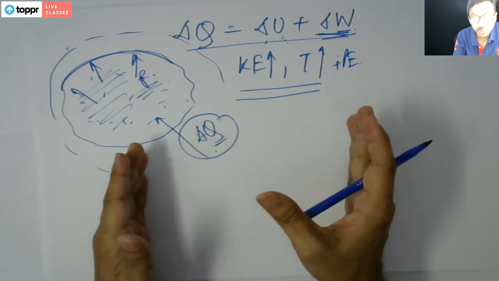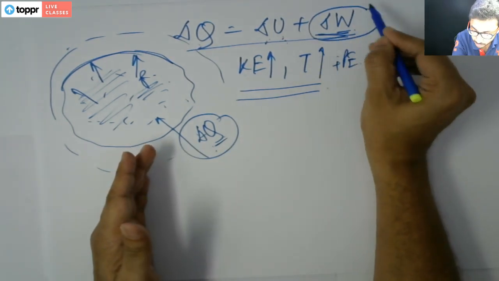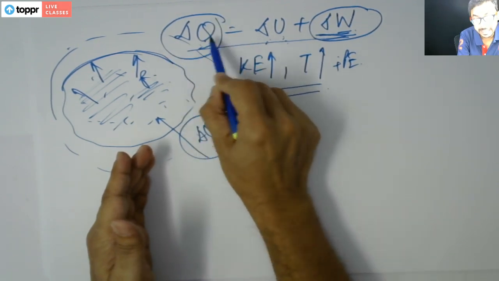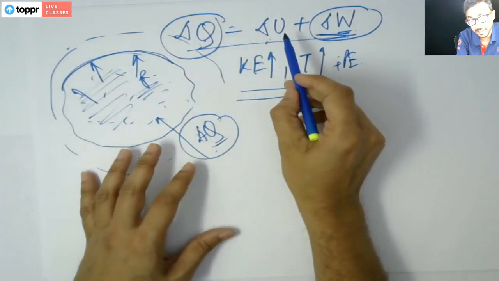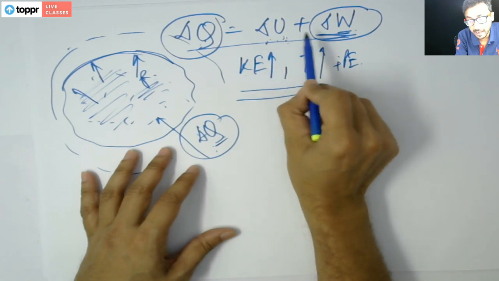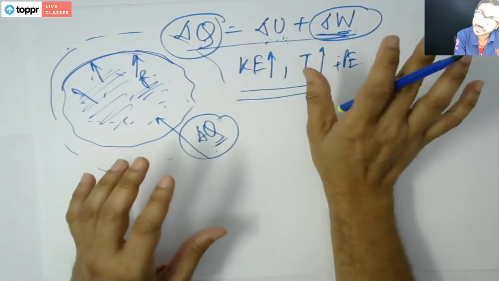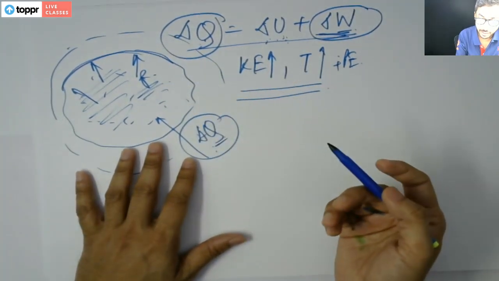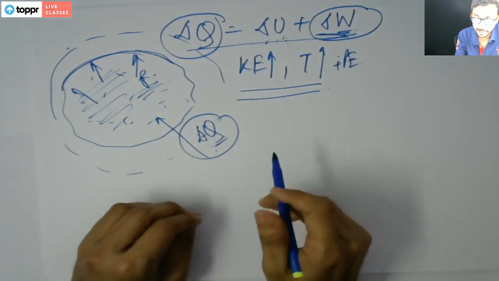So force into displacement, so some work is also being done. The amount of heat is increasing its internal energy, as well as it is doing some work. Understood? Now let us try to understand what is the nature of all these things.